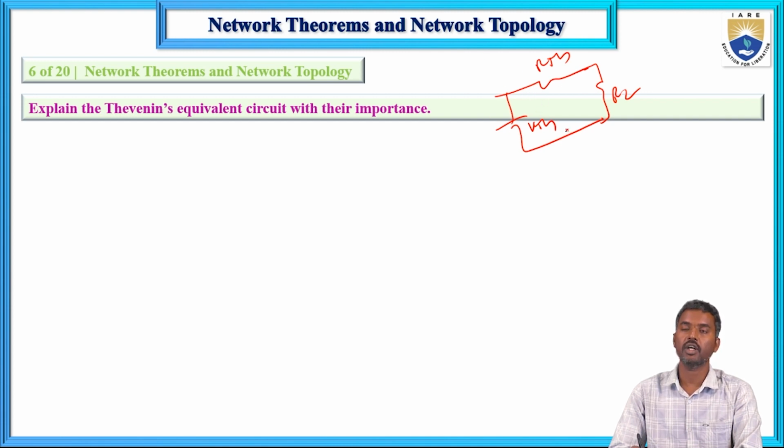Then we can calculate the current flowing through any resistor in any complex network. So what is the importance here? We can analyze power system networks and circuits, and we will use Thevenin's theorem for determining the voltage source value in the Wheatstone bridge circuit.